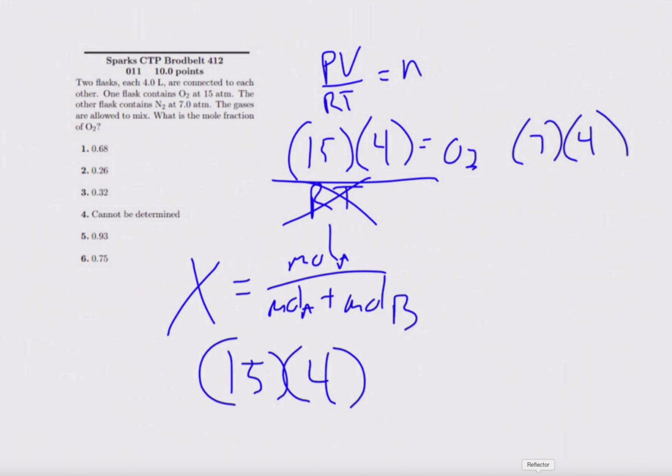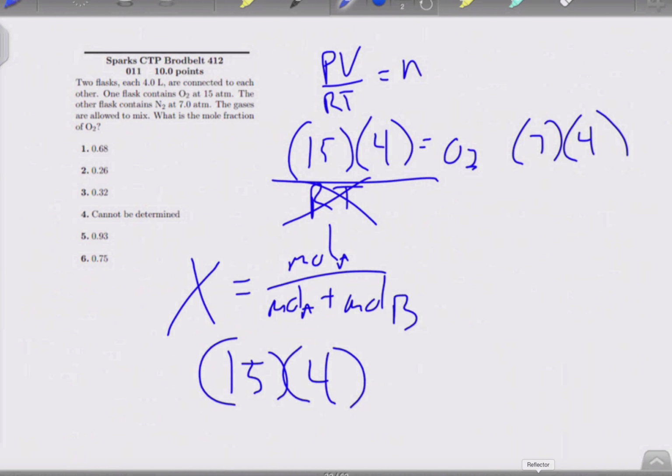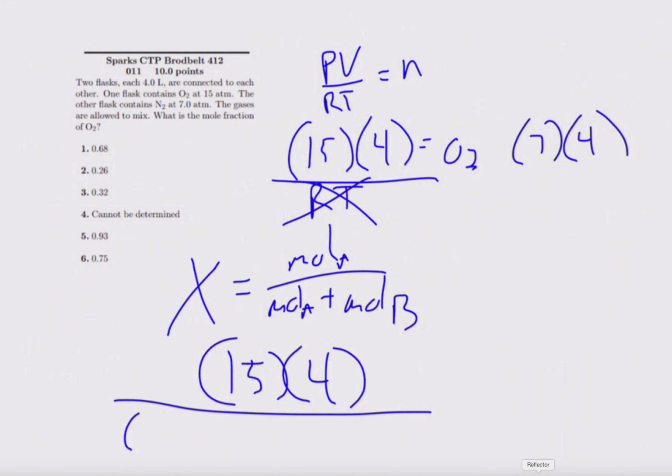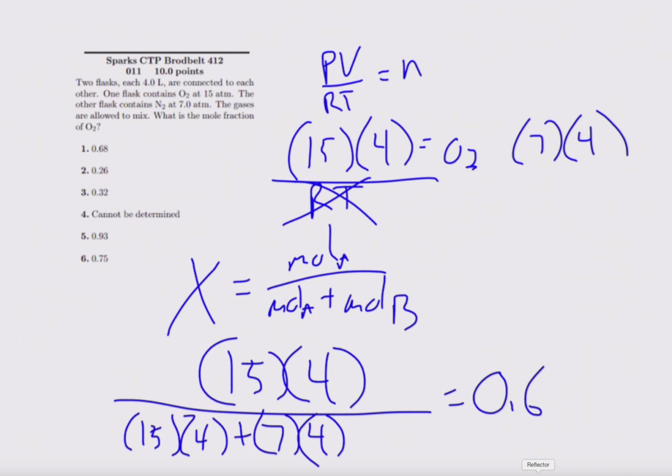So since we're talking about the oxygen, that's 15 times 4, and then that's divided by 15 times 4 plus 7 times 4. Right, and we do all that out, we get 60 over 88. We divide that, and we get 0.68 would be the mole fraction.